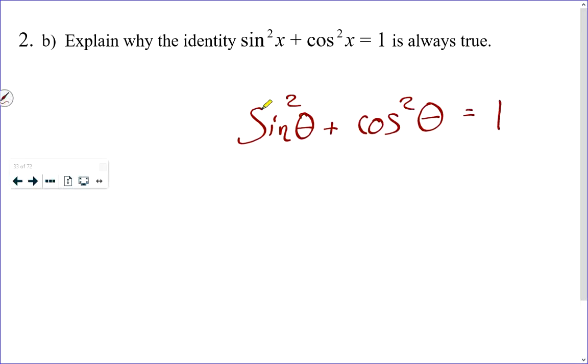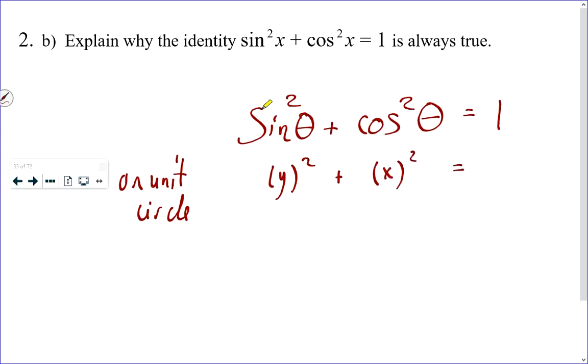We tend to use x a lot, and I wish we didn't, but we do. On the unit circle, sine of theta is y, cos of theta is x, and r is 1. So the Pythagorean theorem says x squared plus y squared will equal the radius squared, which is 1.